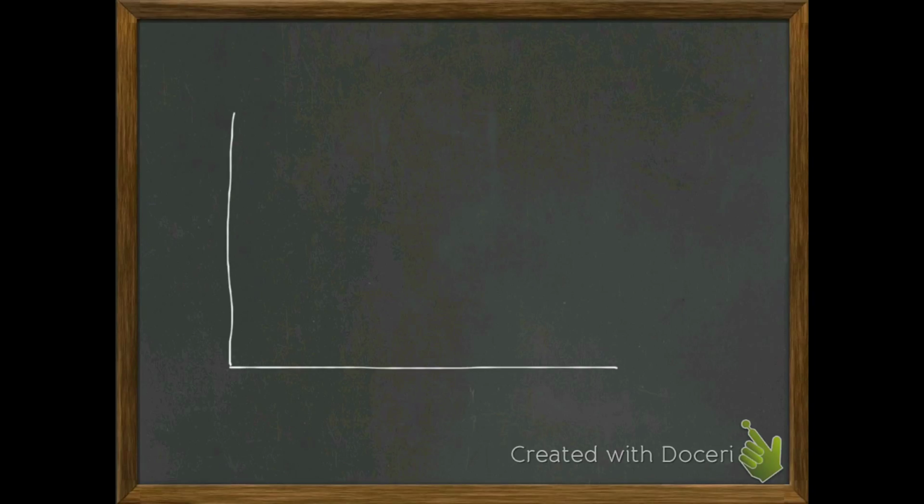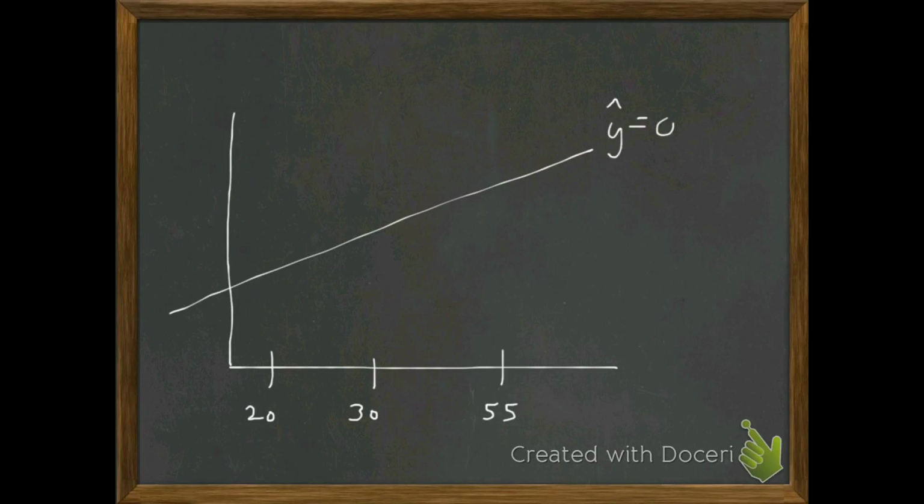Because if we have our levels of 20 and 30 and 55, and we have our model.